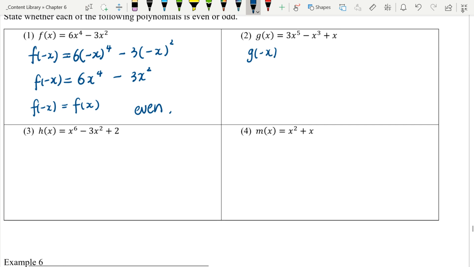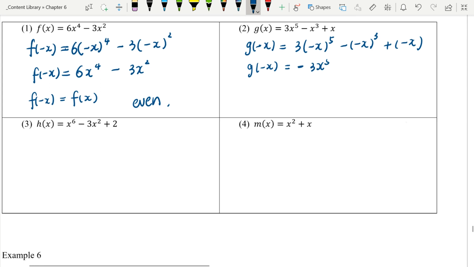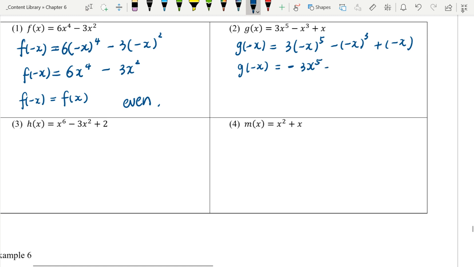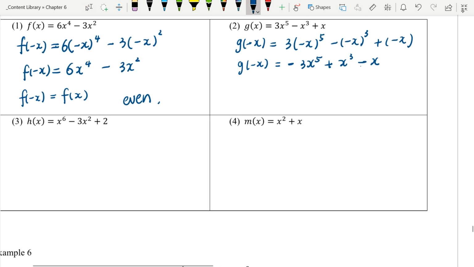g(-x). So still I'm testing the negative x, what's happening. This one, because the power is odd, like all of these powers are odd powers. So what I have here is negative 3x, and that's plus x to the power 3 and minus x. You can see all the signs have changed.